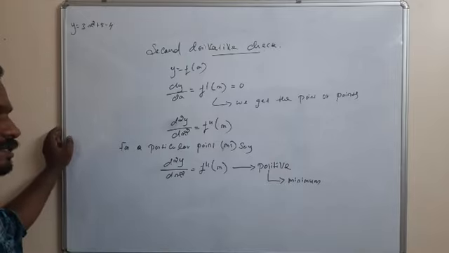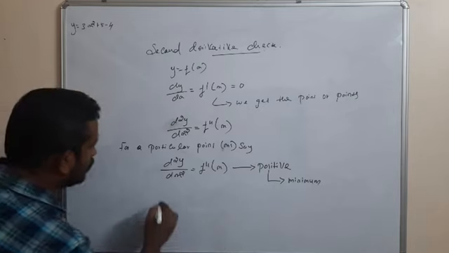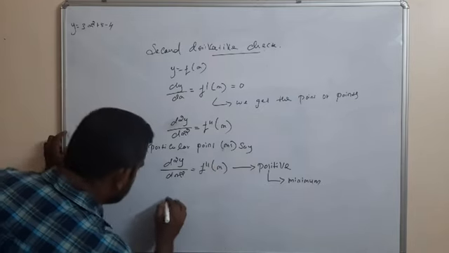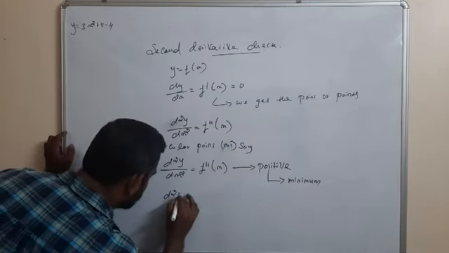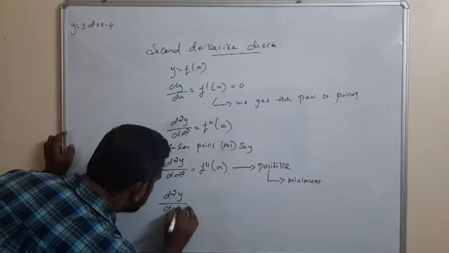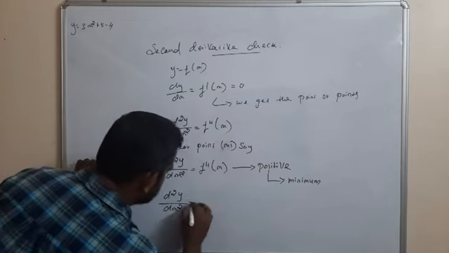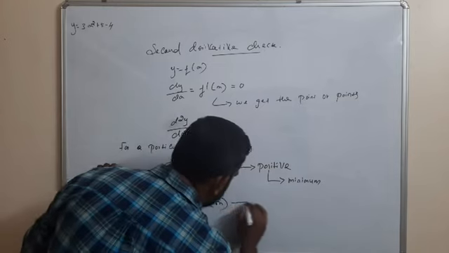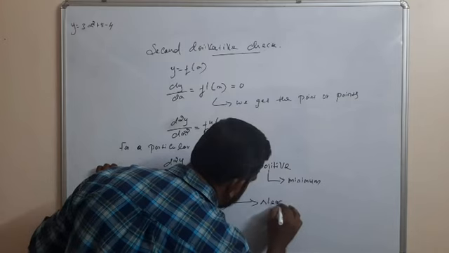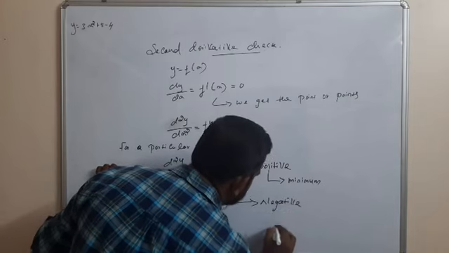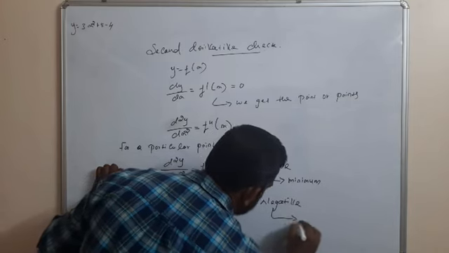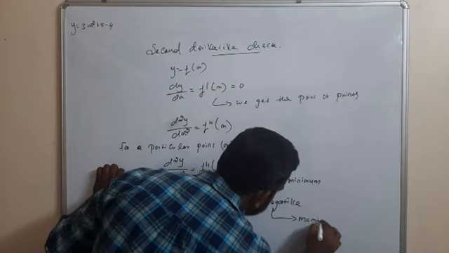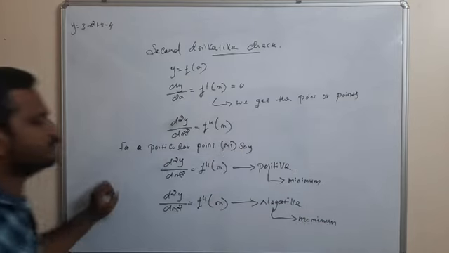Okay, positive means minimum. For a particular point x1, say d square y by dx square is equal to f double dash of x. Negative means that is maximum.